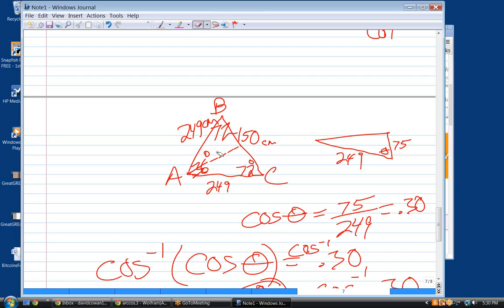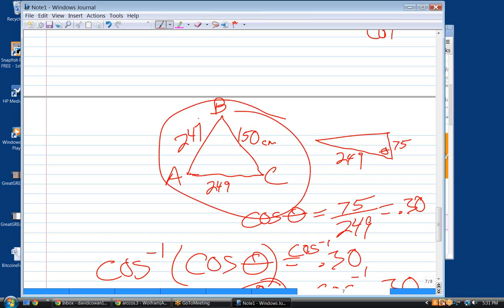Now, before you're done, you will study something called the law of cosines, which would allow us to solve this even if this was like 247. In other words, even if it was not an isosceles triangle, we have the ability to solve this triangle based on three sides using something that looks like this.